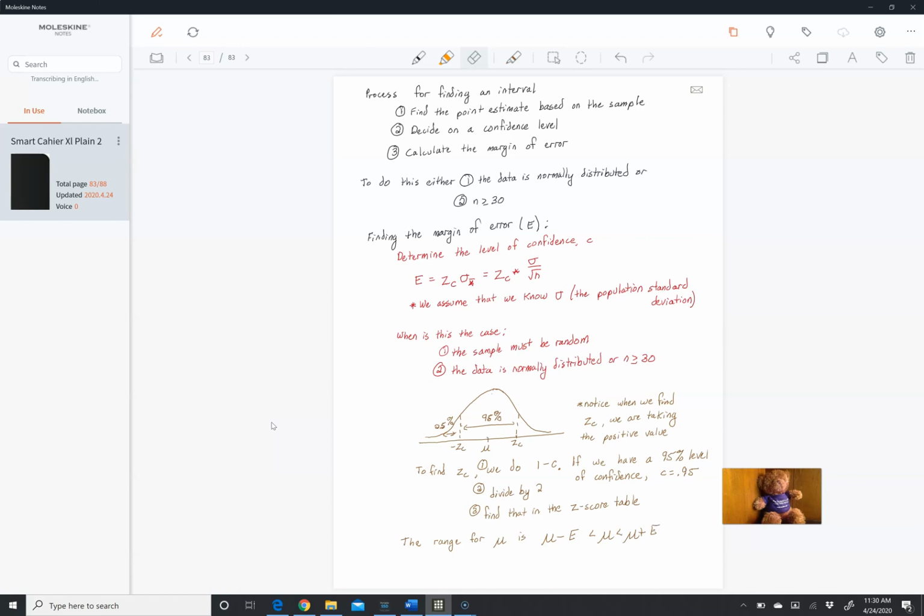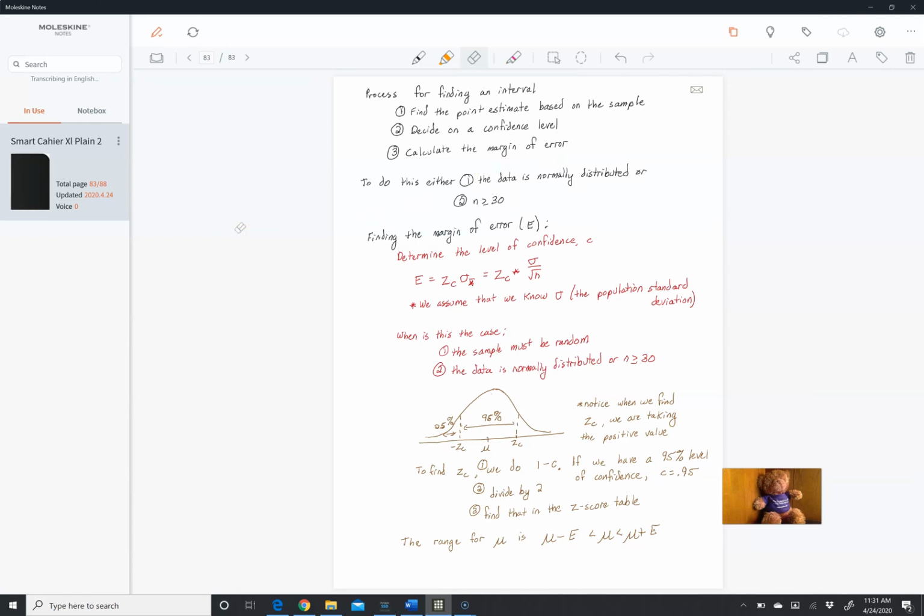Okay, so let's do an example. So first of all, I'm going to put this up here. I just want to give you one more definition. I'm going to put it in pink.